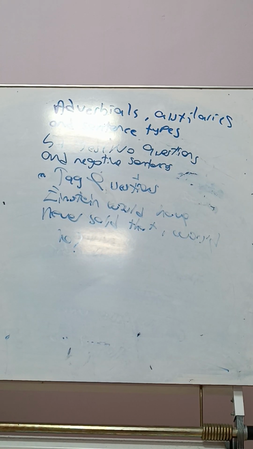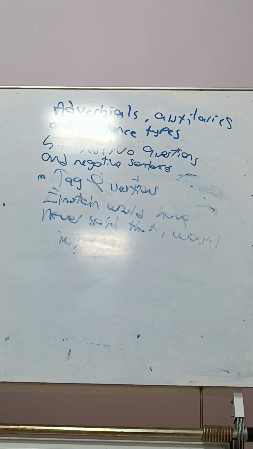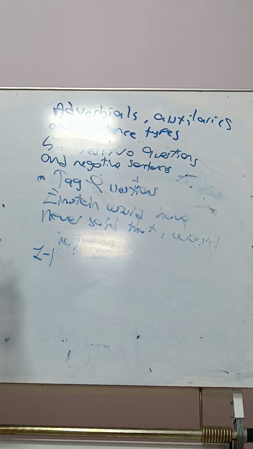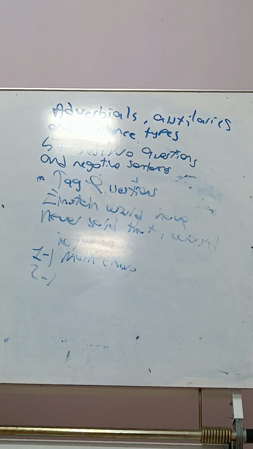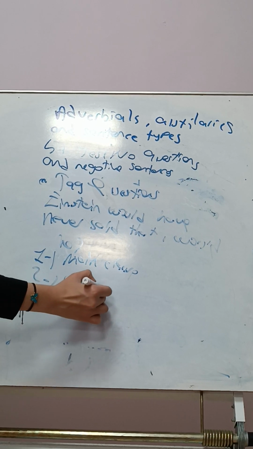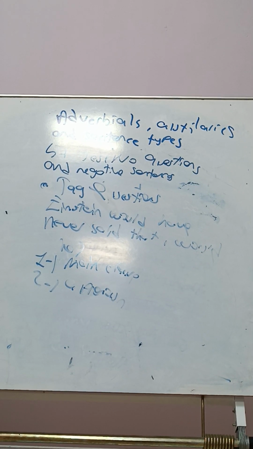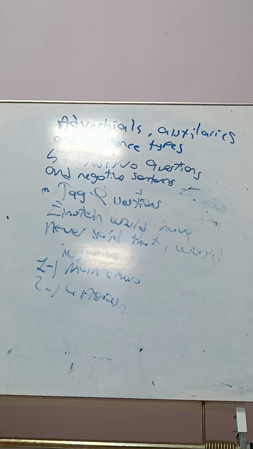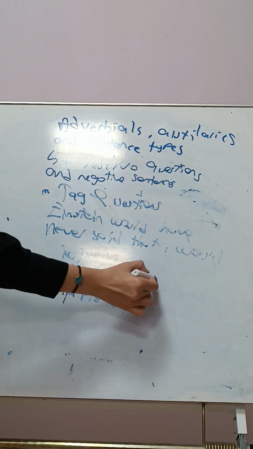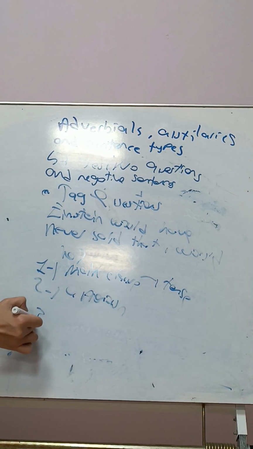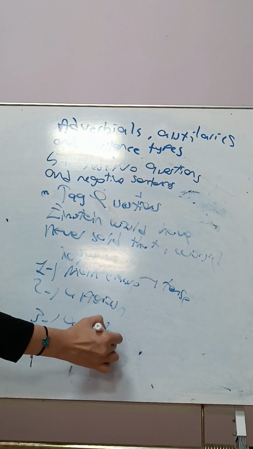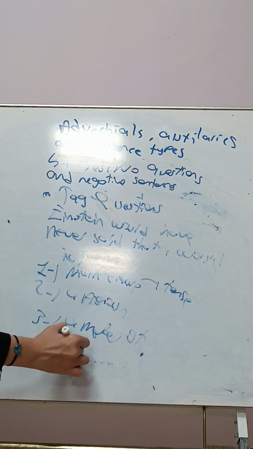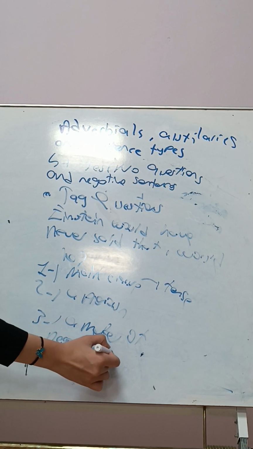The tag follows the comma and consists of three things. The first one is the tense and the first auxiliary of main clause. The second one is a pronoun identical in person, number, and gender with the subject of the main clause. And the third one is a marker of negative polarity.